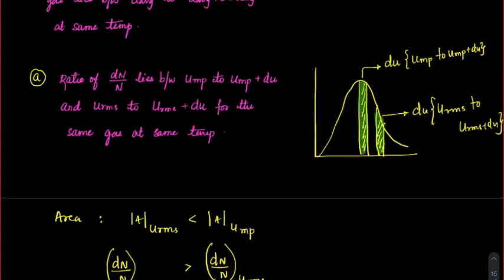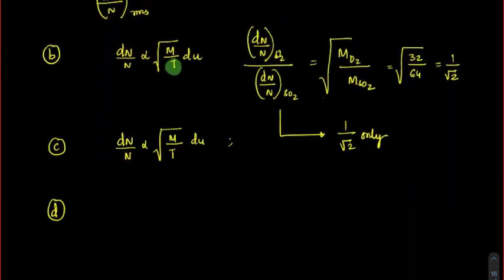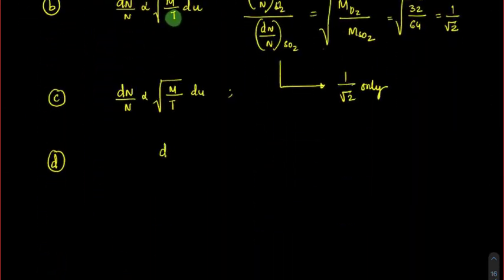In the D part, we have a certain value given here, which is 0.5 times u average. And we just derived that dn by n will be equal to some constant into the fraction, not even du, just this fraction.